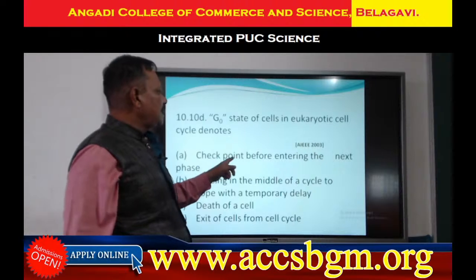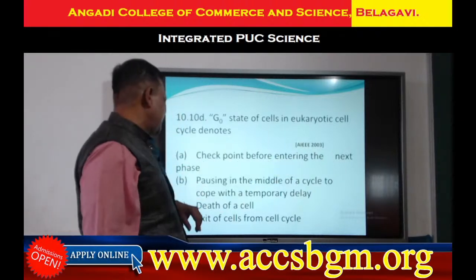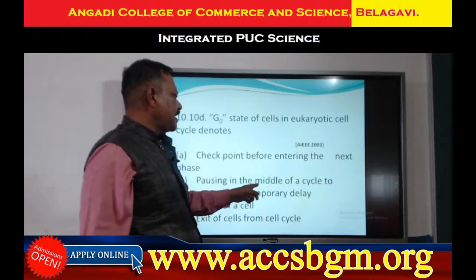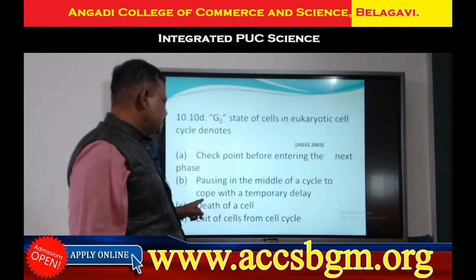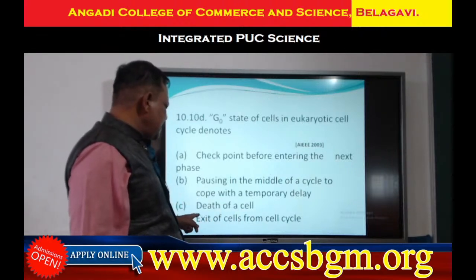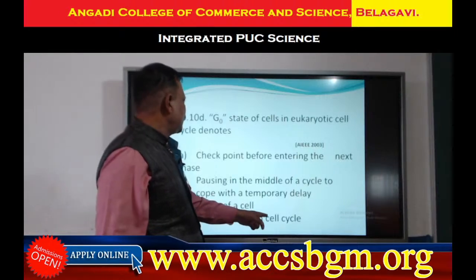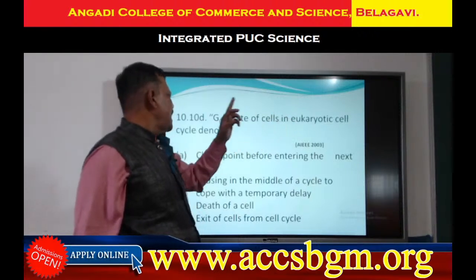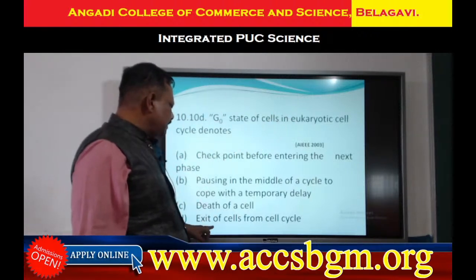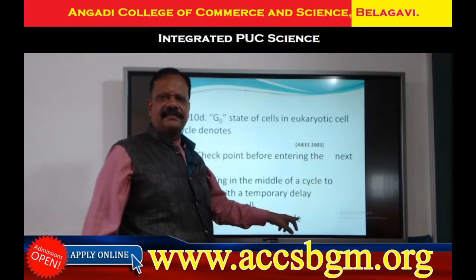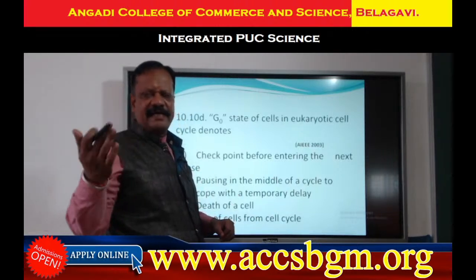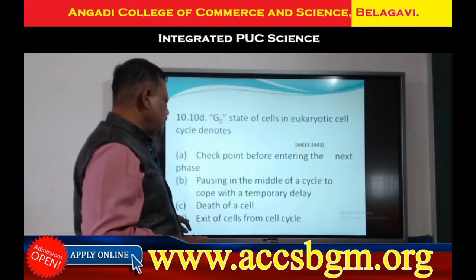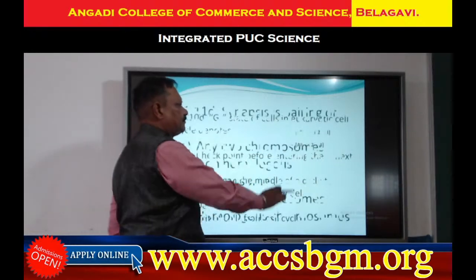Option A, checkpoint before entering the next phase; B, pausing in the middle of the cycle to cope with a temporary delay; C, death of a cell; D, exit of cells from the cell cycle. So, the G0 stage in the eukaryotic cell denotes exit of cells from the cell cycle. The cells are exiting the cell cycle, that is G0 we are calling. So, option D is the correct answer.